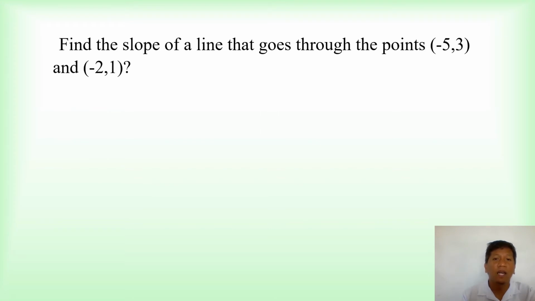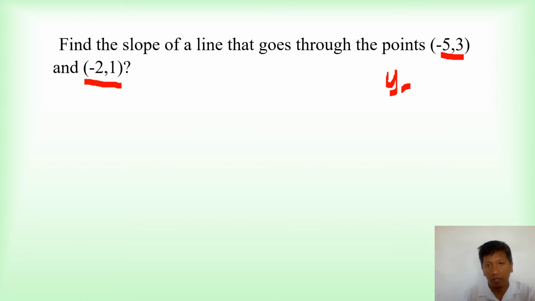Find the slope of a line that goes through the points -5, 3 and -2, 1. Okay. First, determine the value of y sub 2 and y sub 1, x sub 2 and x sub 1, because given 2 points here, we have -5, 3 and -2, 1. So what's the value of our y sub 2?